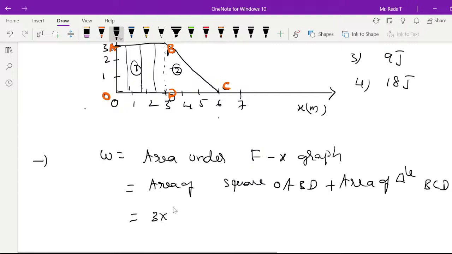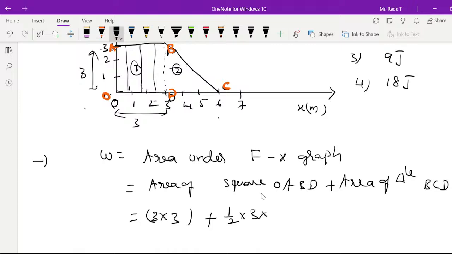Now 3 into 3. 3 minus 0 is 3, 3 minus 0 is 3. So 3 into 3 plus the area of triangle BCD, which is half into base into height. Base is 6 minus 3, so it is 3.